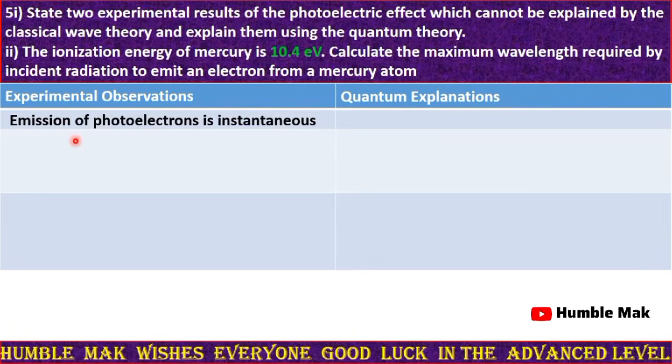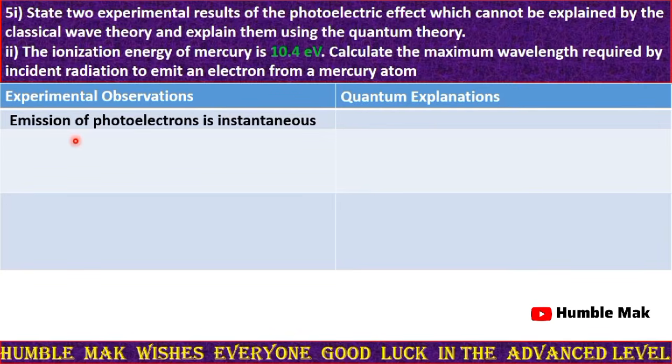Now friends, this was an issue with the classical wave theory, because they never expected that. They expected that the metal should absorb some amount of light before electrons can be emitted. But contrary to that, the quantum theory states that the moment light of sufficient frequency hits that metal surface, electrons will be emitted immediately.